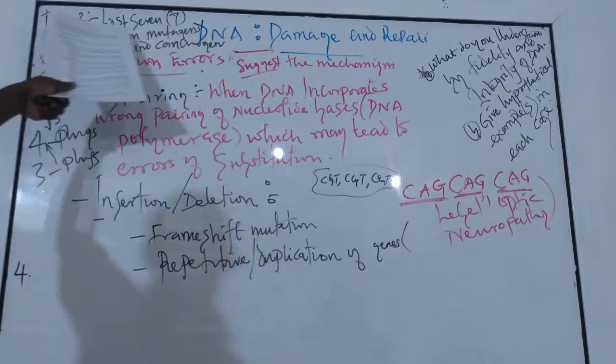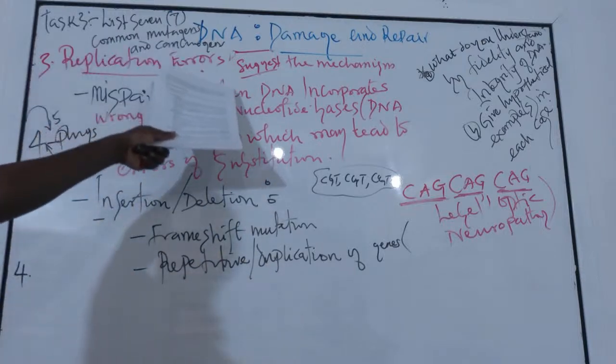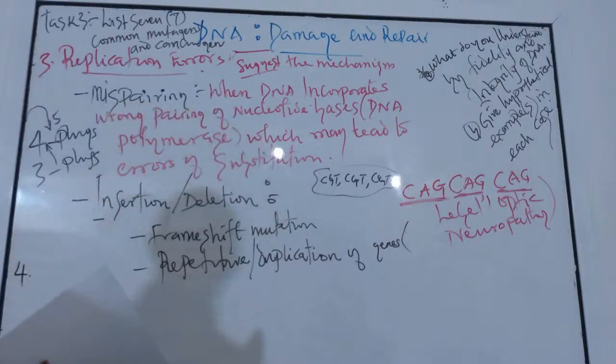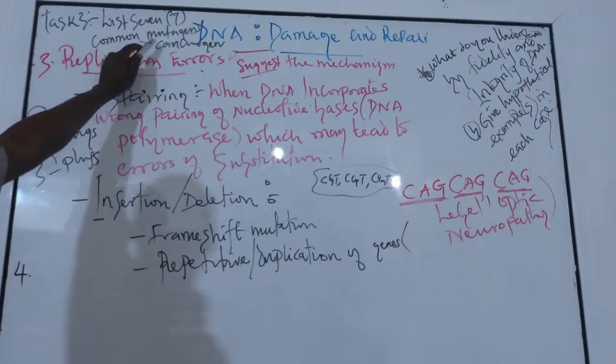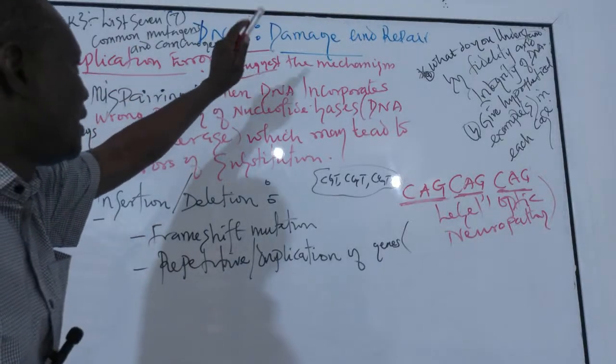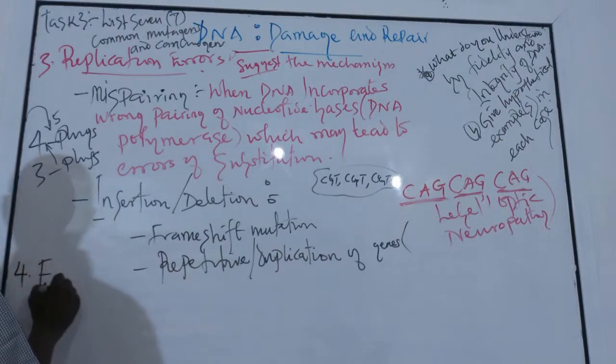You have to list 7 common mutagens and carcinogens, and suggest the mechanism by which the error caused by each carcinogen and mutagen can be corrected.